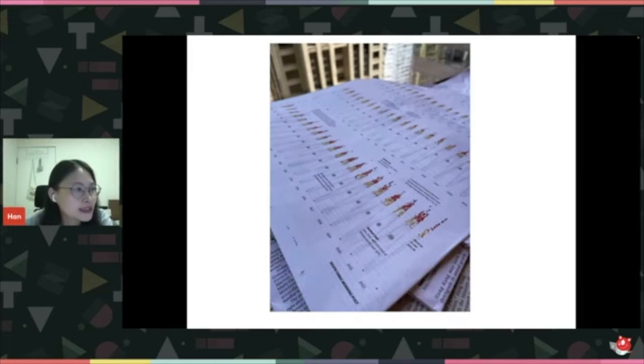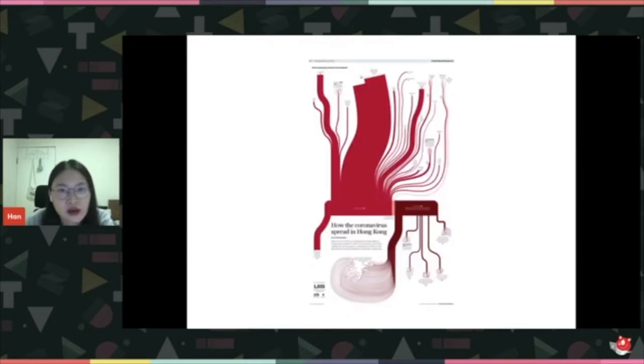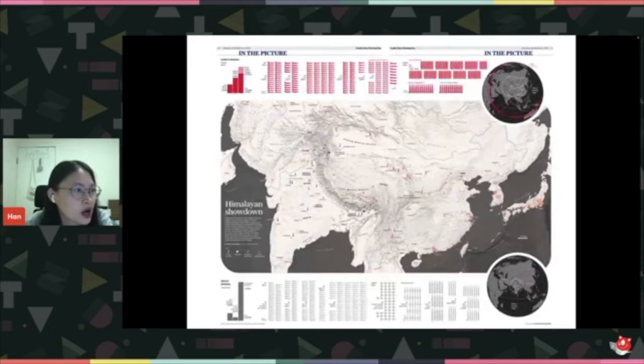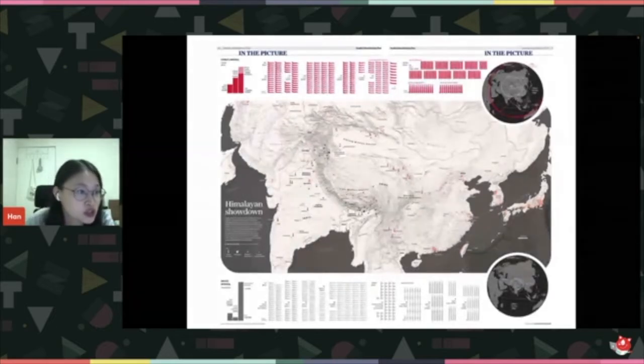This is about the heat wave in Hong Kong we published, I think, this month. And this is a back page about how the coronavirus spread in Hong Kong in 2020, so that's around 2 years ago. This is a two-page spread graphic about India and China clashes around the borders.